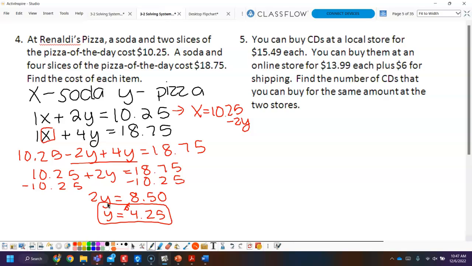What am I missing? I am missing the cost of a soda. So we're going to take that 4.25 and plug it back in. So x plus 2 times 4.25 equals 10.25. 2 times 4.25 is 8.50. 10.25 minus 8.50, if I'm running out of room to write it down, is $1.75.